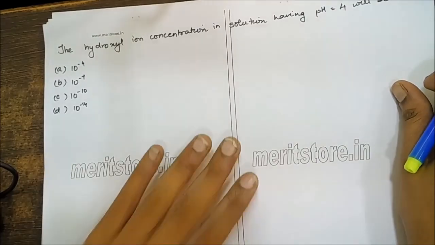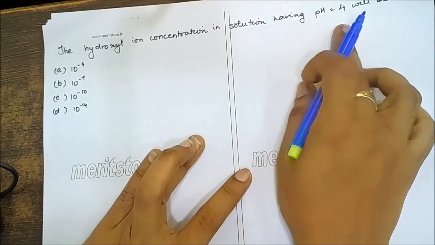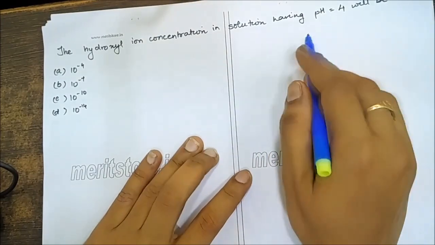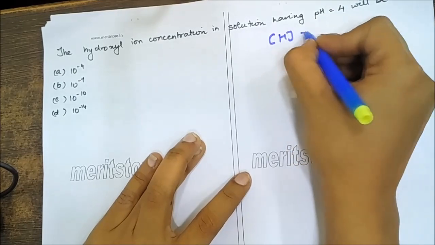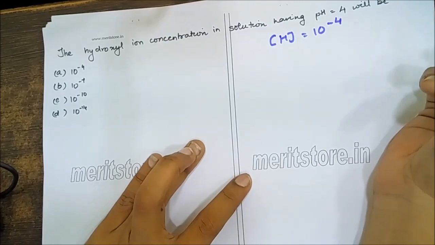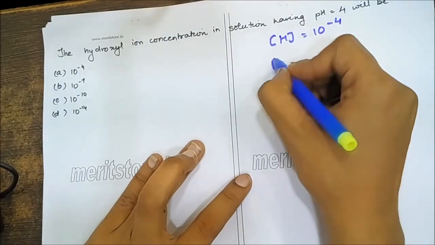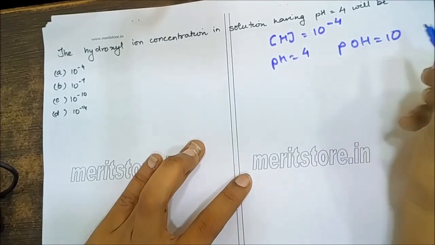The hydroxyl ion concentration in a solution having pH 4 will be, first of all, if pH is 4, what would be the concentration of H plus? Concentration of H plus will be 10 raised to minus 4. And if pH is 4, my pOH would be 10.